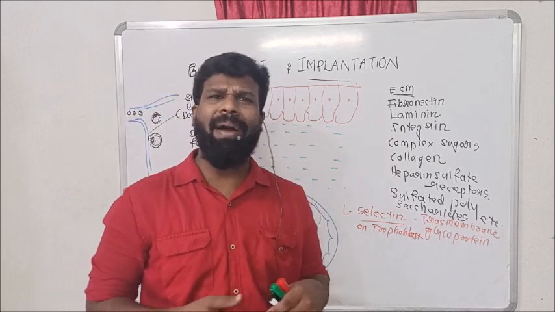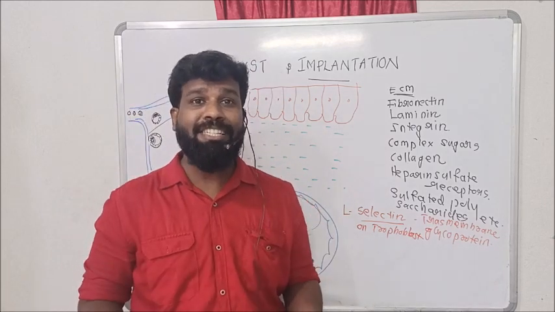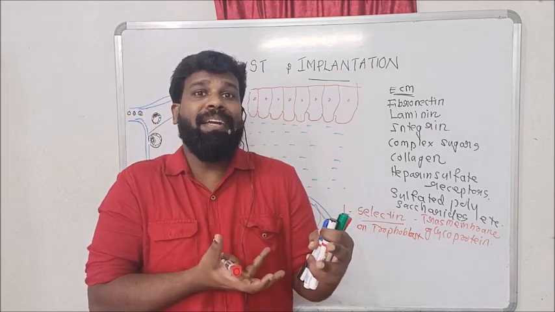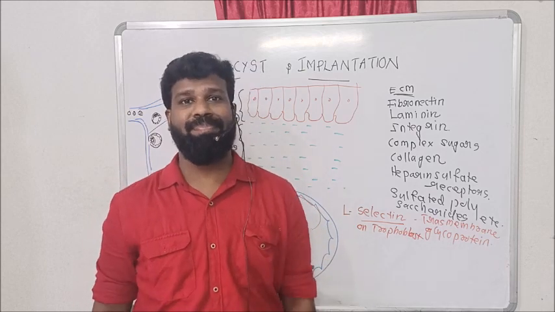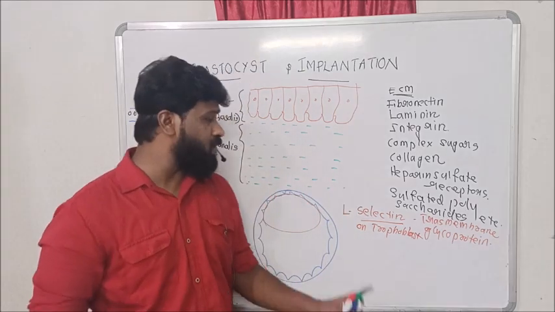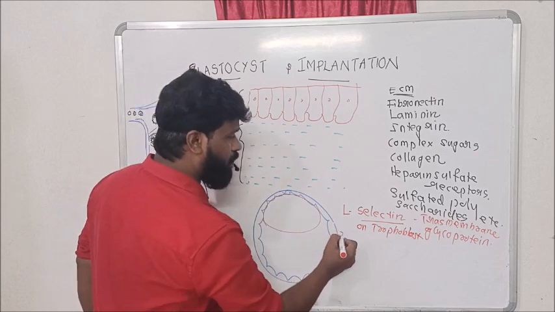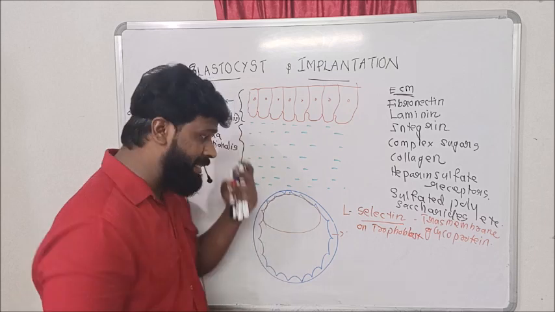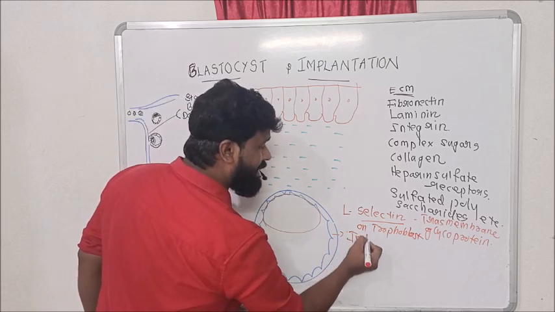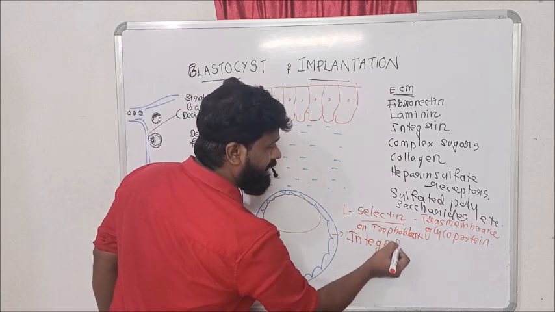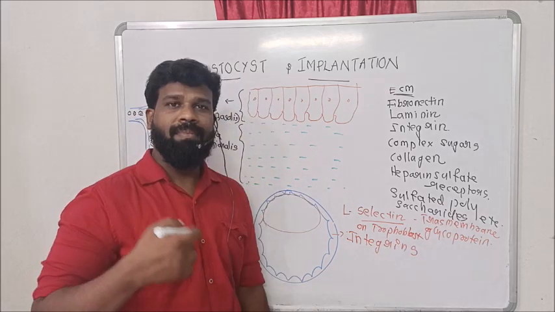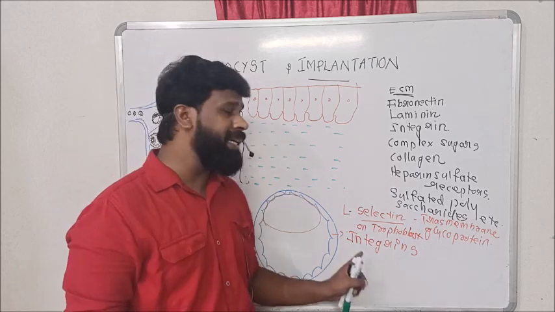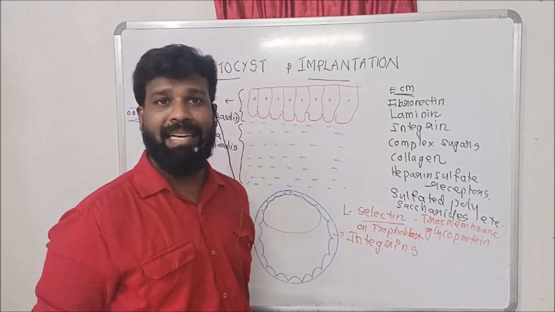After this initial binding, several adhesion proteins appear to make the binding more effective. These trophoblast cells synthesize integrins. Integrin is another transmembrane protein synthesized by the trophoblast cells.